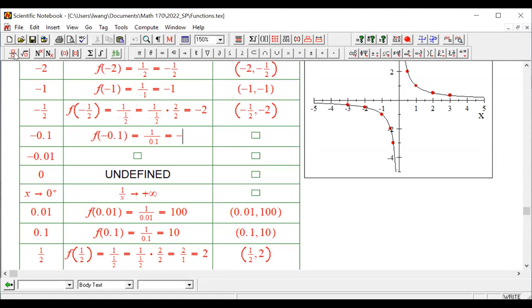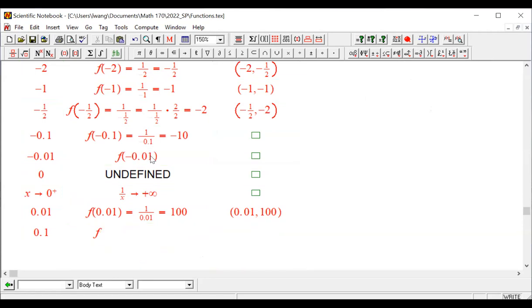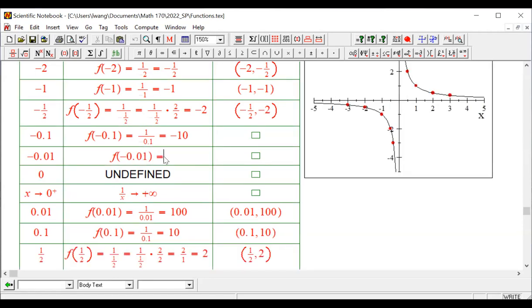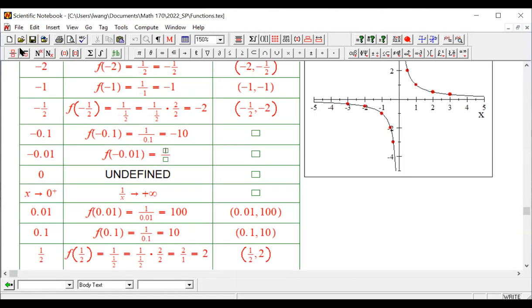So that's going to be equal to negative 10. For f of negative 0.01, the output is going to be 1 over negative 0.01, so the output is going to be negative 100.